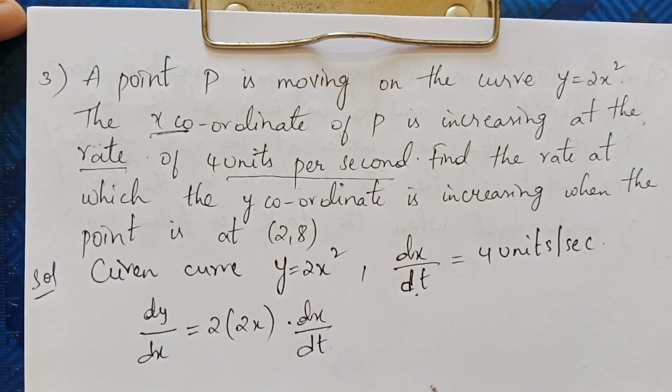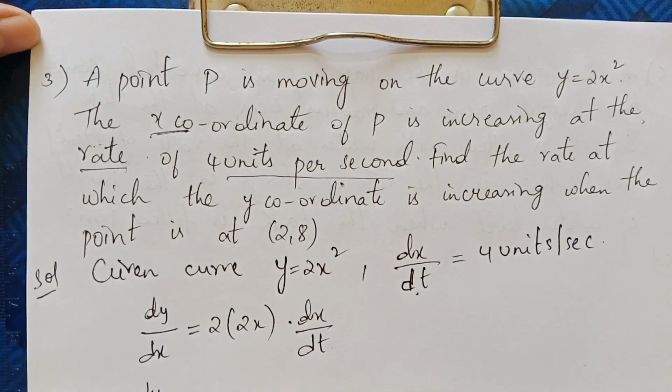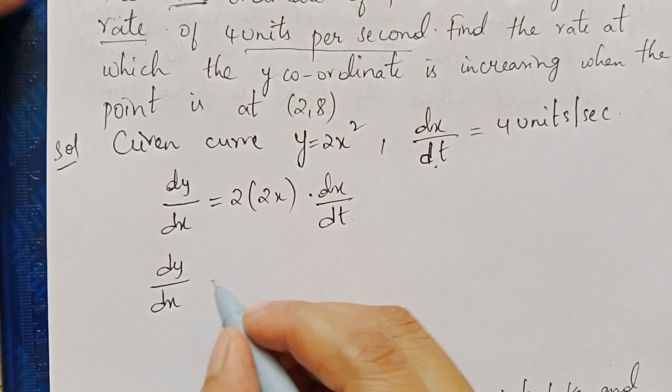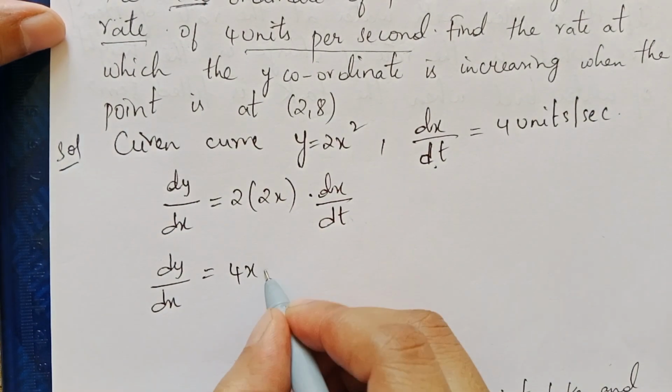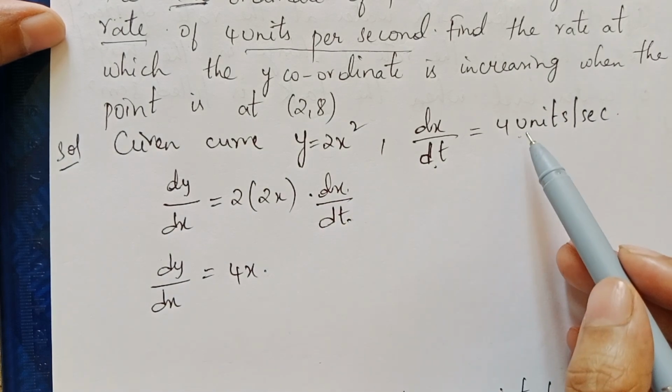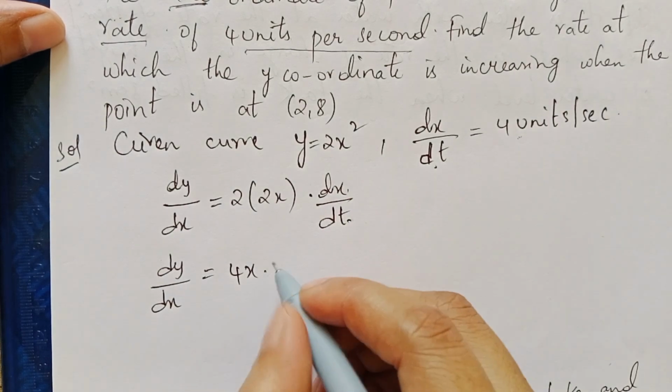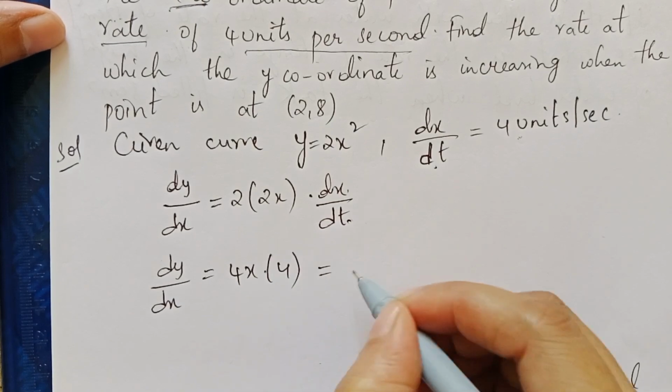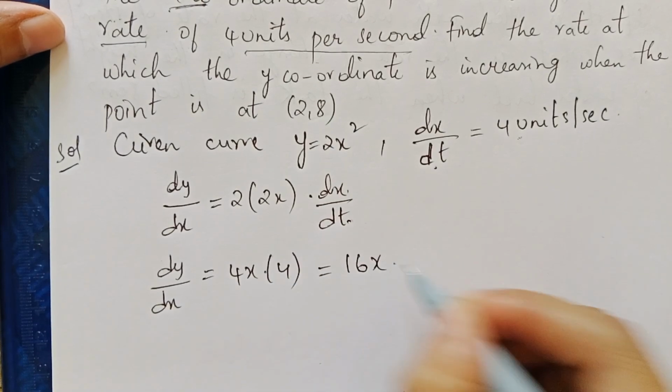So dy by dt equals 2 into 2 is 4x into dx by dt, whose value is given, which is 4. So this will be 4 into 4 is 16x.